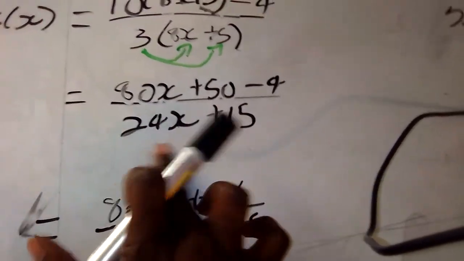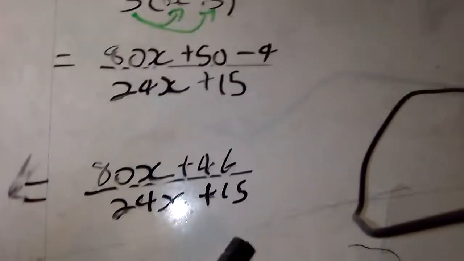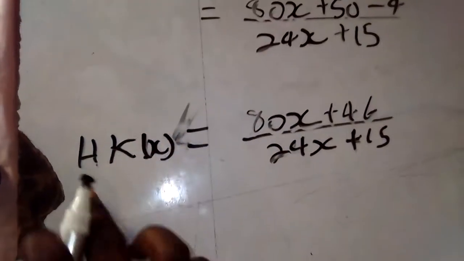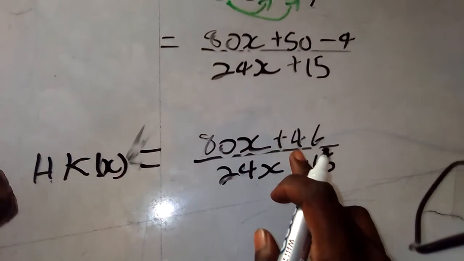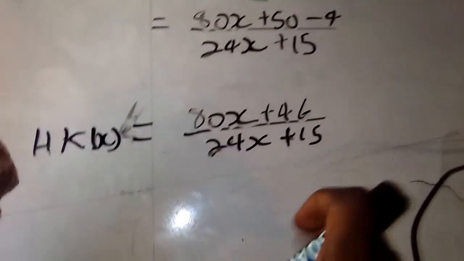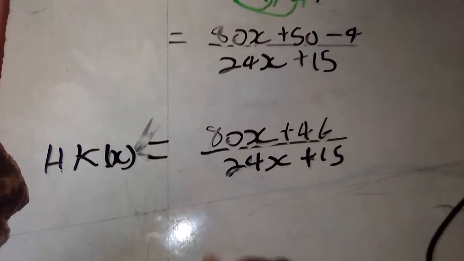Here you have 24x plus 15, nothing can be done to it, so you put it back. So the final answer for h of k of x is equal to 80x plus 46 over 24x plus 15. Alright, so for the next question, I did not have it. So that's the answer.